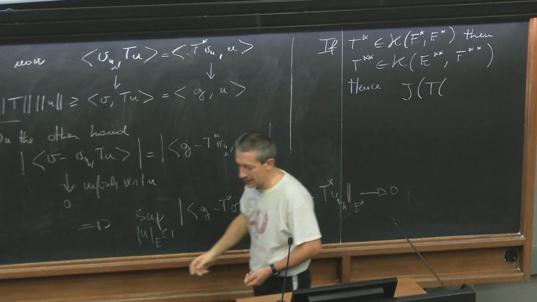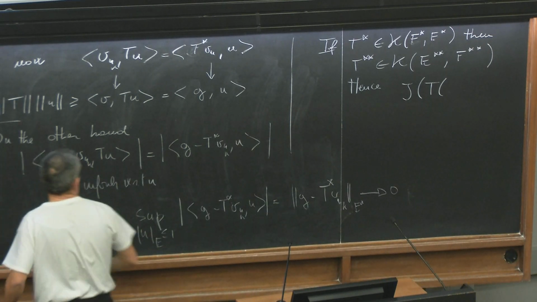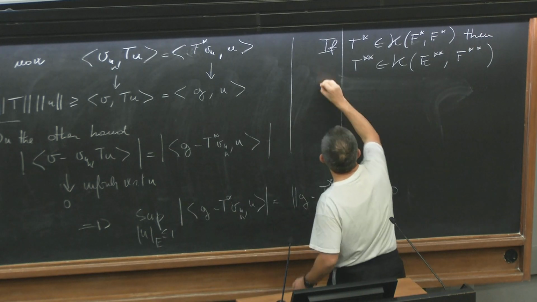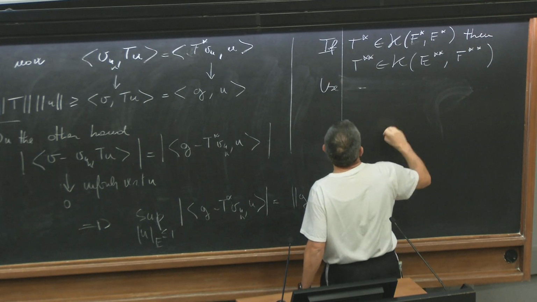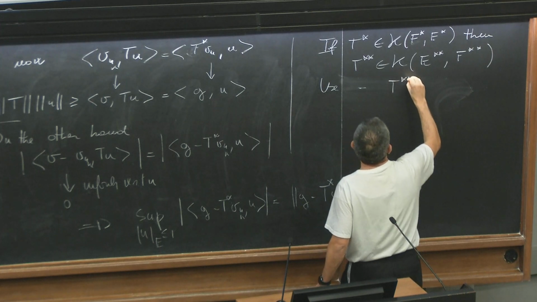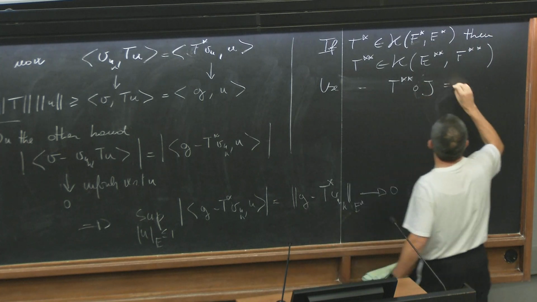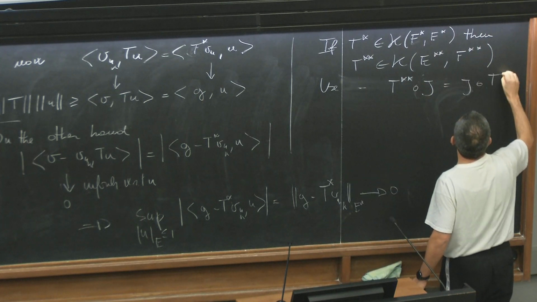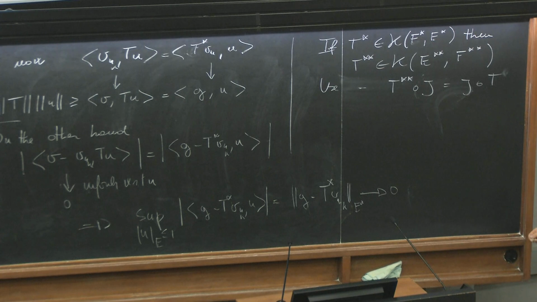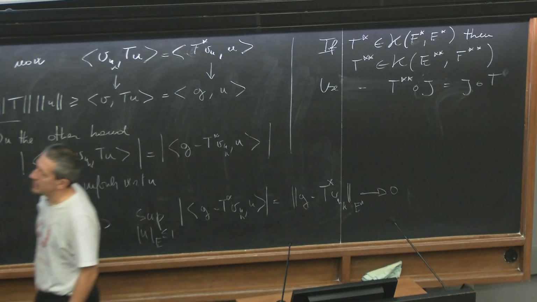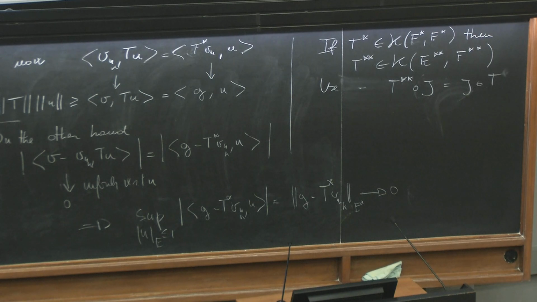So the observation is that T**, so I'm using two facts here. Use T** of J composed J is equal to J composed T*T. Why is that so? Okay, you just have to use the definition here.